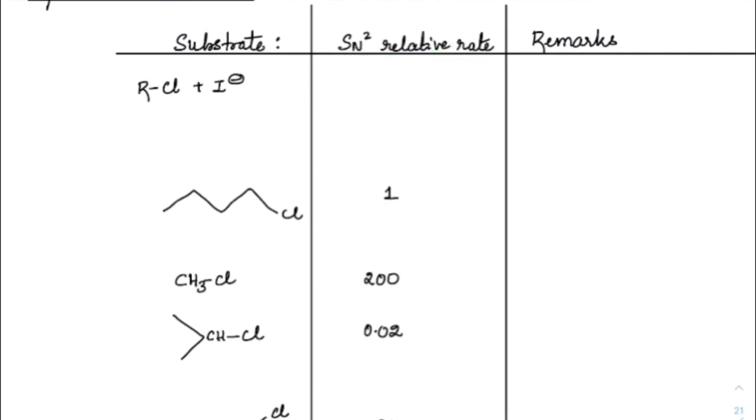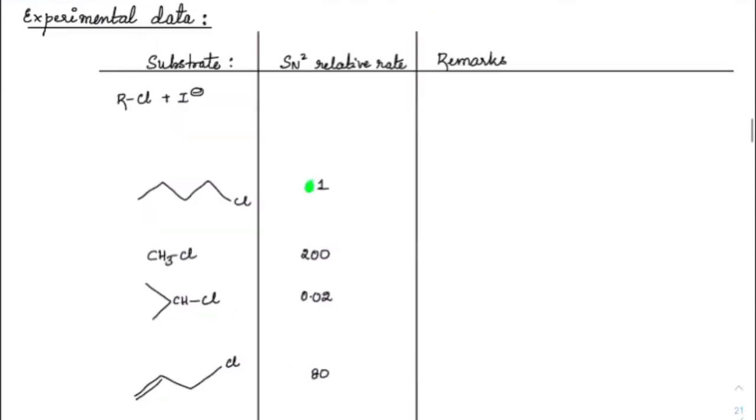Considering this as rate 1, what happens to the rate of the other groups? For this butyl chloride, in the SN2 reaction where iodine is attacking and chlorine is leaving, if I say the rate is 1, what happens to the other cases?